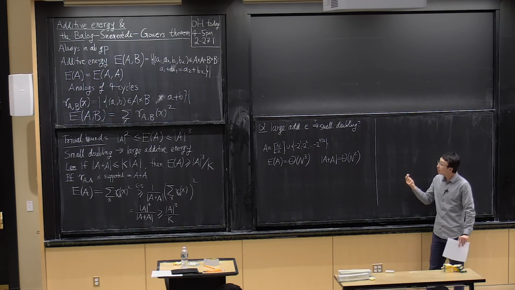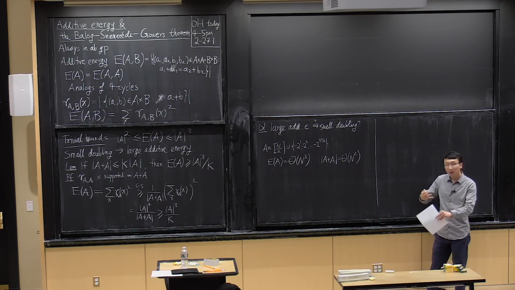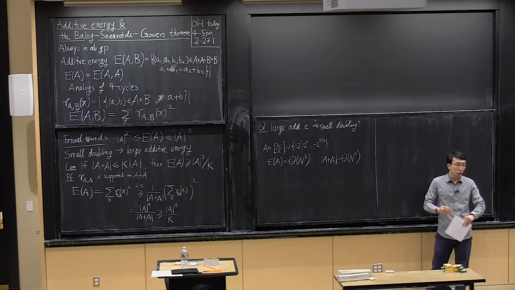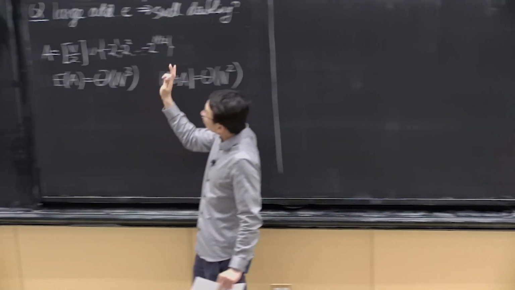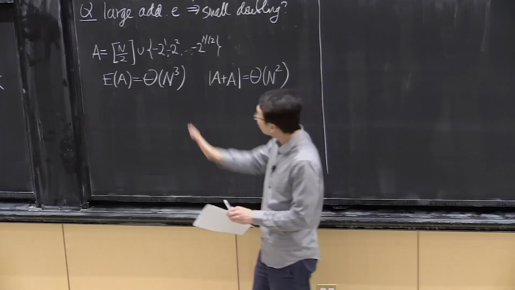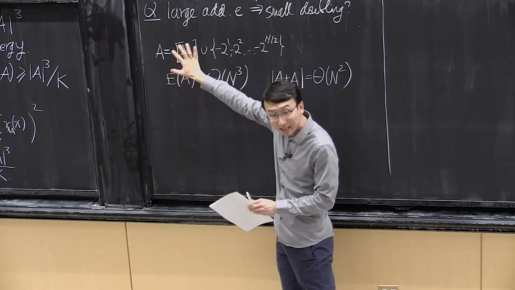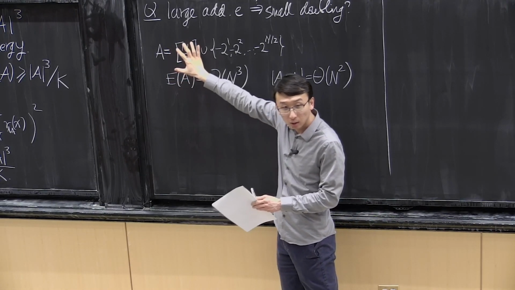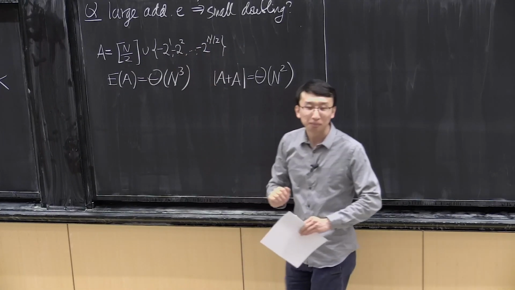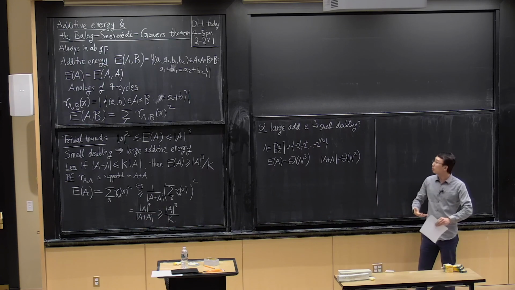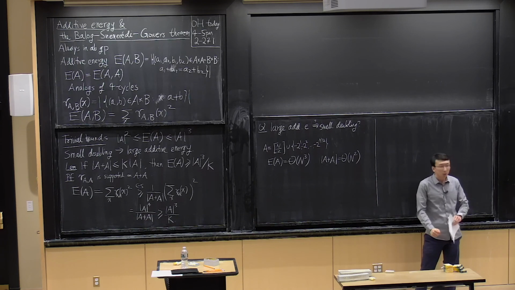So you can have sets that have large additive energy and also large doubling. But you see, the reason why this set has large additive energy is because there is a very highly additively structured piece of it. Right? Somehow we want to forget about this extra garbage. And that's part of the reason why the converse is not true.